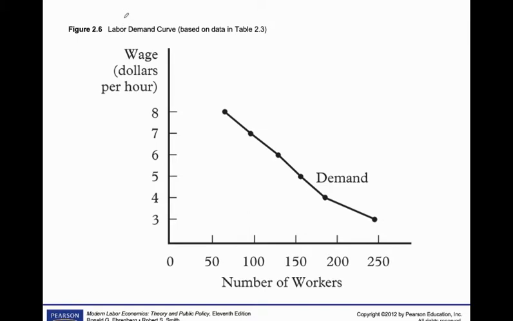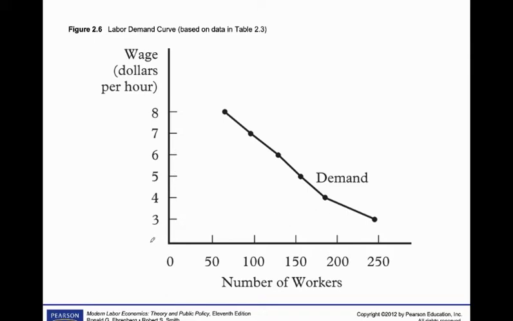Therefore, based on that information, we can plot it and have our labor demand curve as shown here. The vertical axis measures the wage rate per hour, and the horizontal axis measures the number of workers. As we put all the information into this diagram, we find the downward sloping shape of the demand curve for labor. So here we find that as the wage rate goes up, the level of employment starts to decline.